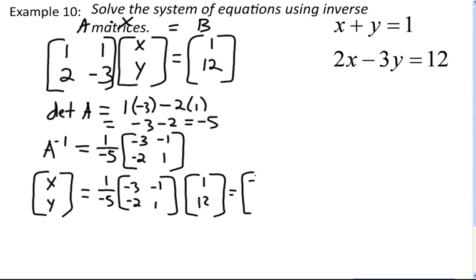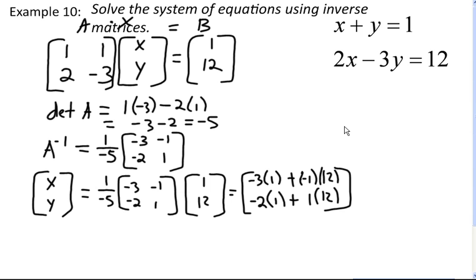We have negative 3 times 1 plus negative 1 times 12. Be careful. You can put most of your negatives in parentheses if you have to, so you don't make a mistake. Negative 2 times 1 plus 1 times 12. Okay?